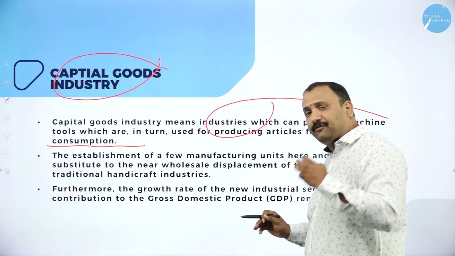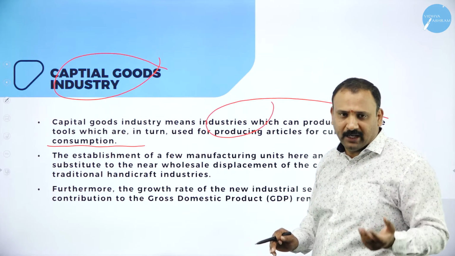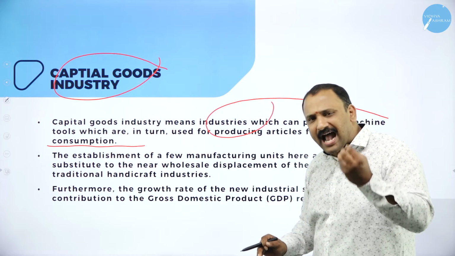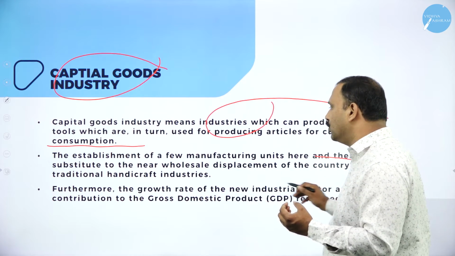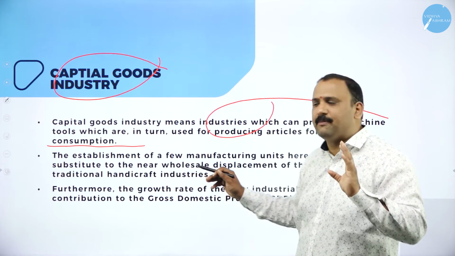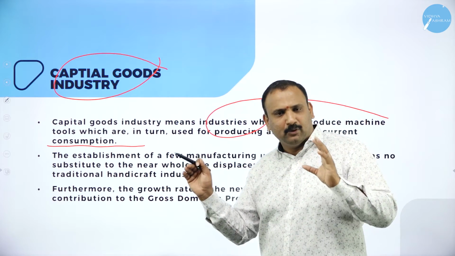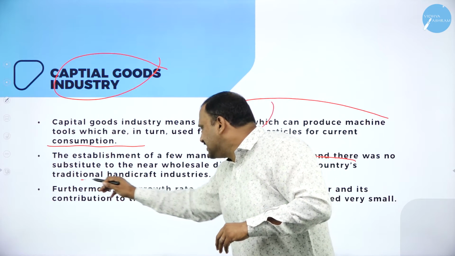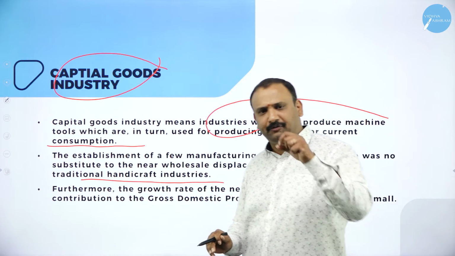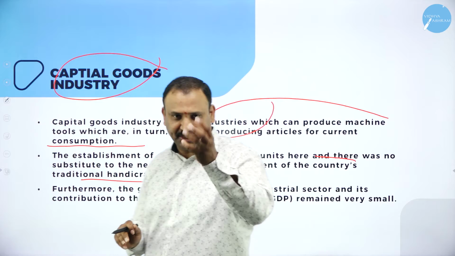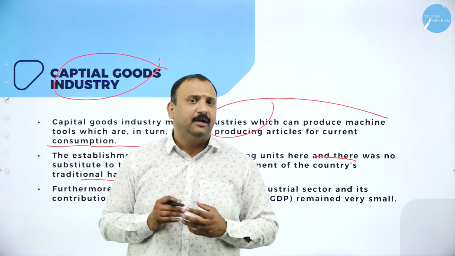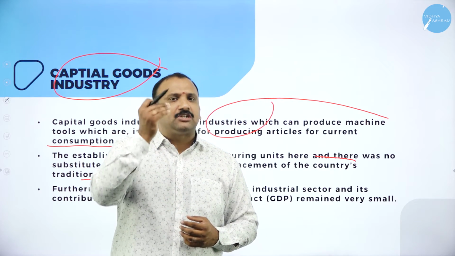The establishment of few manufacturing units, not many at that point of time, were actually coming as a close substitute, where they were near wholesale manufacturers and some people who were involved in the traditional handicraft industry. Now, if you look at the capital goods sector altogether, we were trying to come up just on the line.